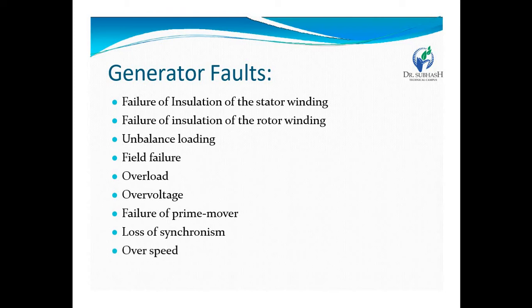Overspeed. When the load is suddenly cut off and the generator has more supply than load, overspeed will occur. Under frequency. When some large load is suddenly connected to the generator and the volt-hertz balance is not there, under frequency faults will occur. These are the faults.